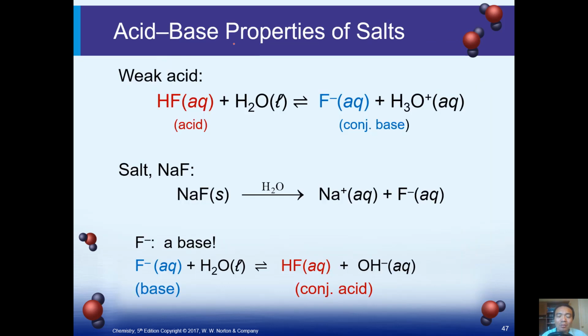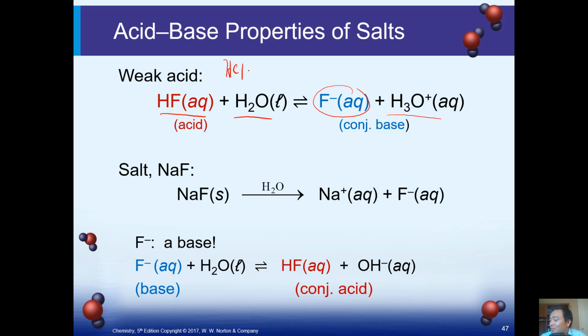Next, we are going to look into the acid-base properties of salts. When you have a weak acid, you react with water, you generate a base and hydronium ion. And we also analyzed one thing about a conjugate acid and base: the stronger the acid, the weaker the base. Strong acids are the strongest type of acid because they ionize 100%.